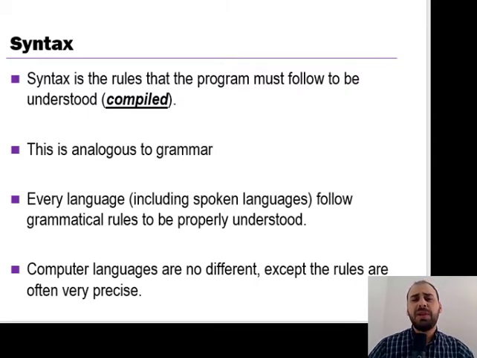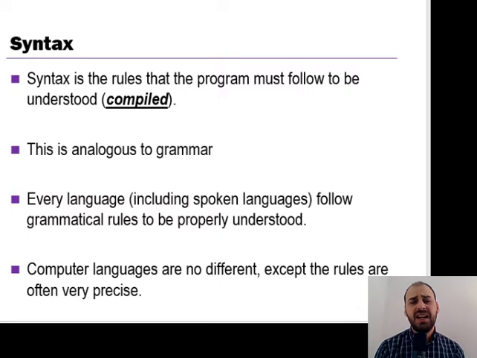If we don't follow proper syntax, the compiler does not understand what we're trying to do. And so in programming languages, we have to be exceptionally precise. We don't have the ability for the computer to try to parse out the meaning of what we're getting at. We have to be very, very precise and very explicit so that the compiler can effectively translate our logic into something that the computer's processor can understand.